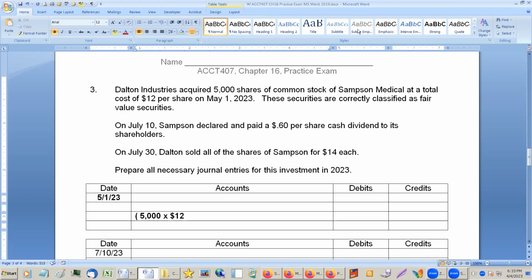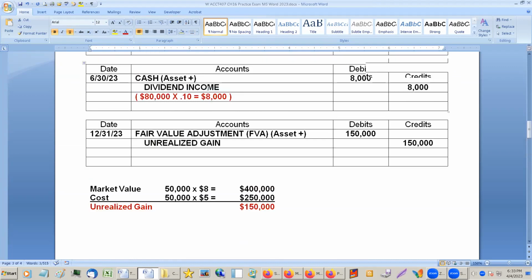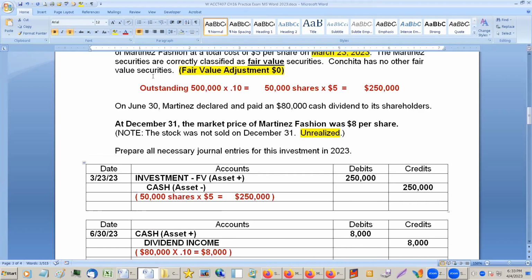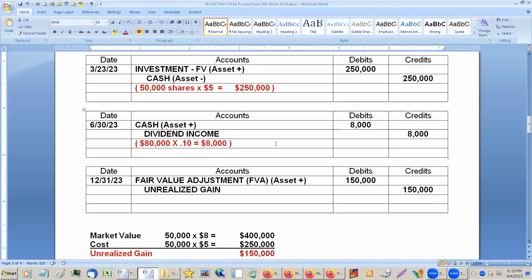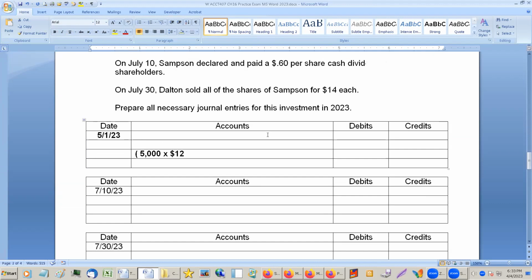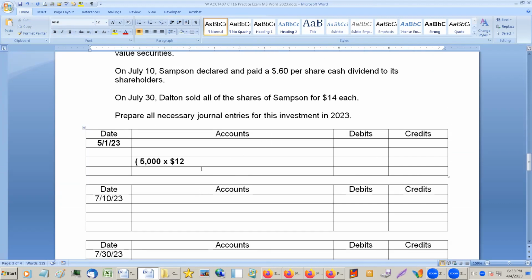And notice that they told us the shares we acquired, we didn't have to go through any of the percentages of outstanding. They just told us we got 5,000 shares. Okay, so 5,000 times 12, 60,000.